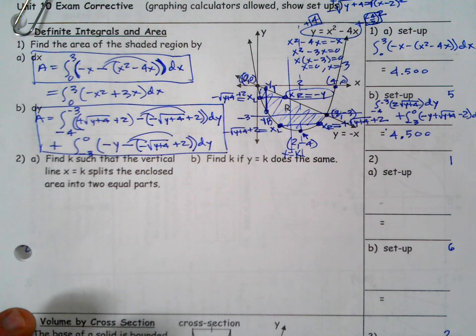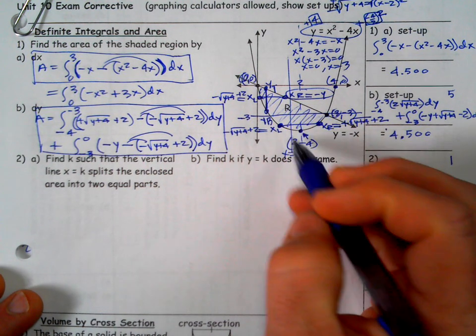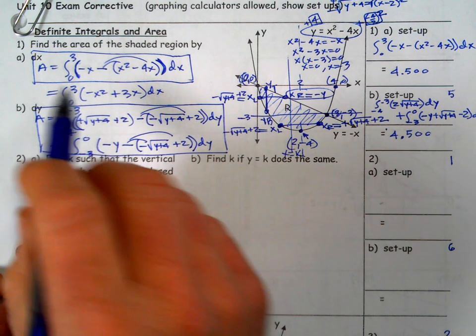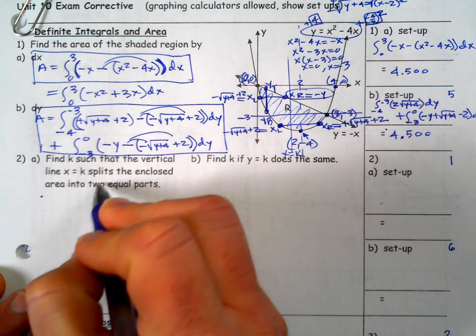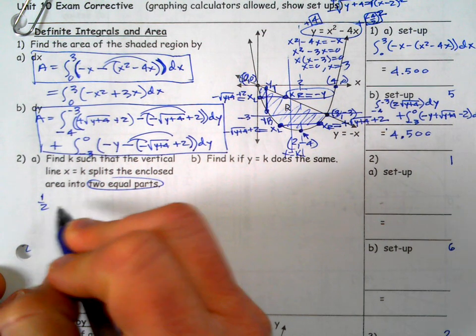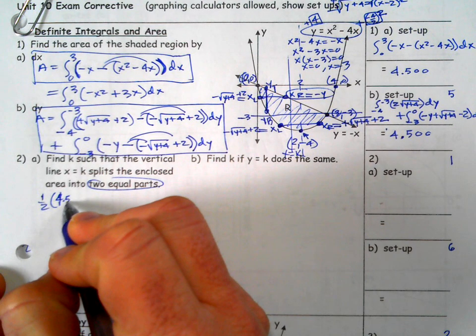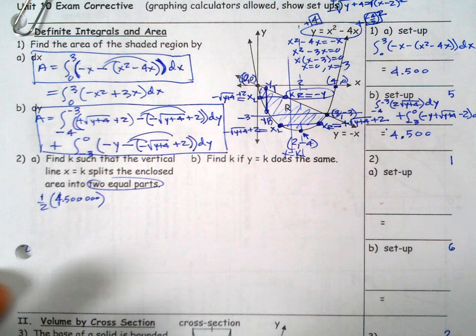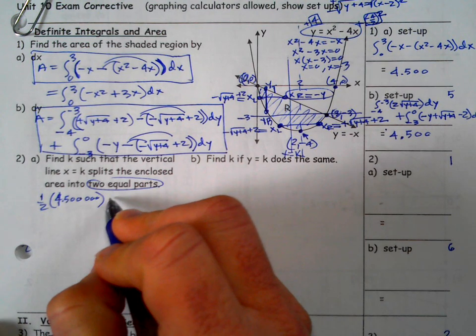And this was something similar to the problem you had to do in the original test, and we'll have to do in the retest. So what we do is we say, well, if we can do a vertical line that cuts it, we have to use the vertical area setup. So the area, we want two equal parts. So we want 1/2 of the area that we got, which was 4.500, and maybe we should carry some extra decimal places because it's in the middle of our work, so we should not round and truncate to 3 decimals in the middle of our work.